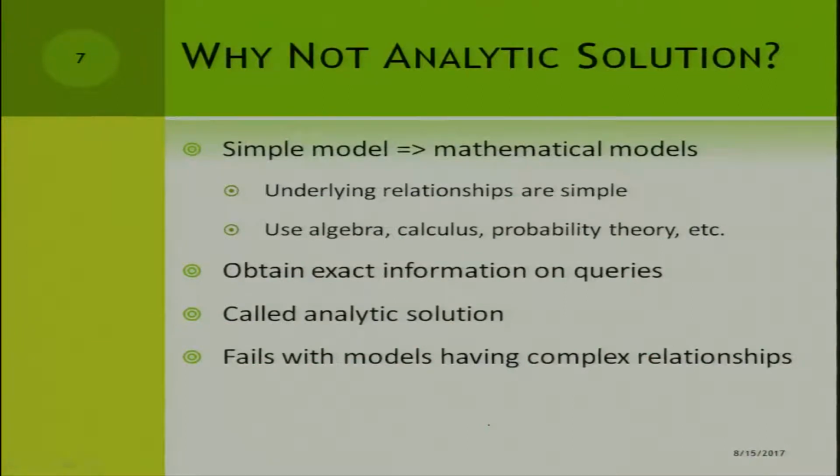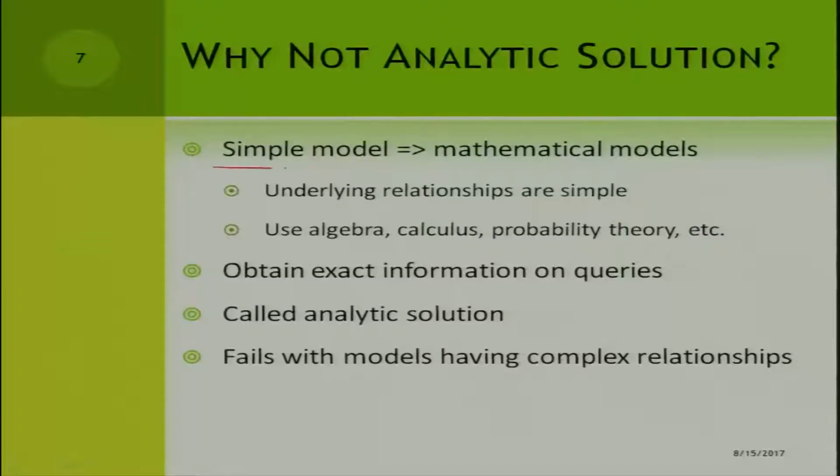So, as I said earlier, with complex systems analytical solutions are difficult. Why not analytical solutions? People will keep on asking this question, what prevents from doing it. Okay. So, mathematical models can be thought about as simple models, and a mathematical model works very well in simple systems because the underlying relationships are simple.